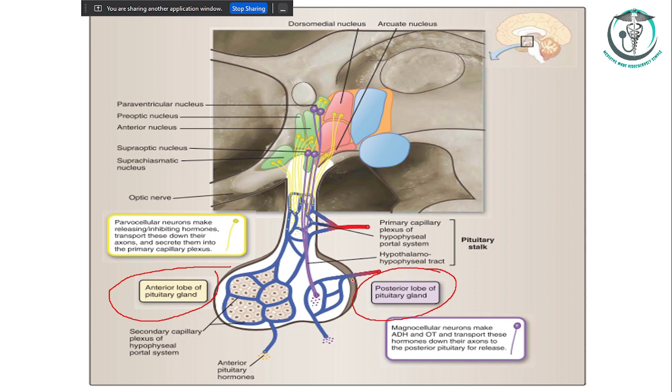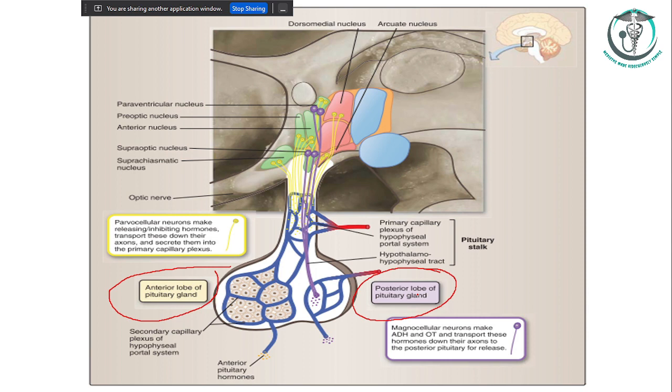Embryology-wise, the development of the posterior pituitary gland is different from the anterior. The anterior pituitary gland develops from the pharyngeal apparatus, the nasopharynx to be precise, while the posterior pituitary gland develops from the neural tube, so it's part of the central nervous system.